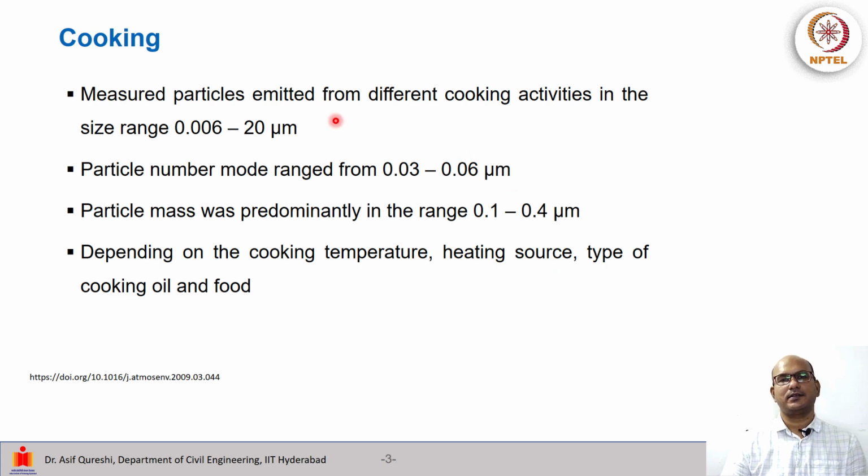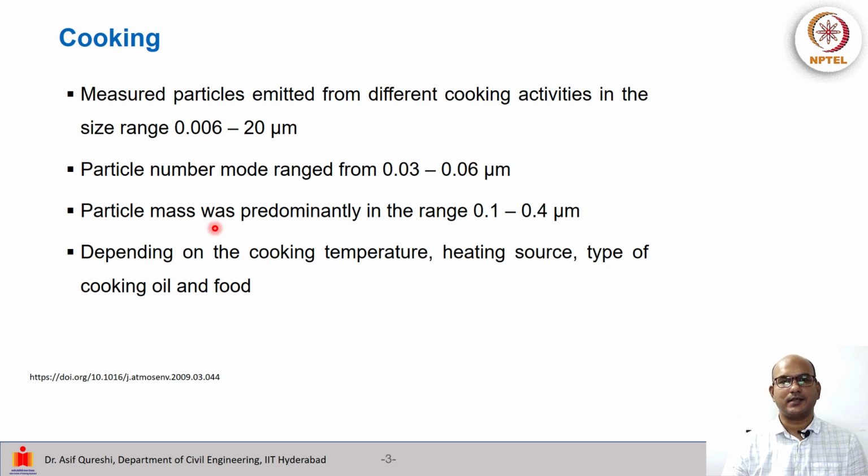The measured particles generally have been seen to be in the range 0.006 to 20 micrometers, but the particle number mode, meaning the size with the maximum count of particles, was from 0.03 to 0.06 micrometer. That means most of the particles would be somewhere around 0.03, 0.04, 0.05, 0.06. These were the size range where there was the most number of particles.